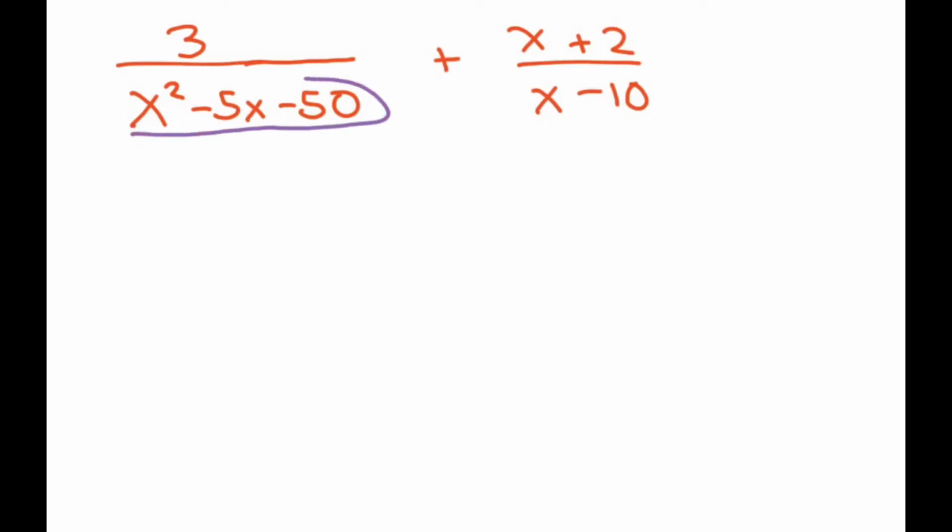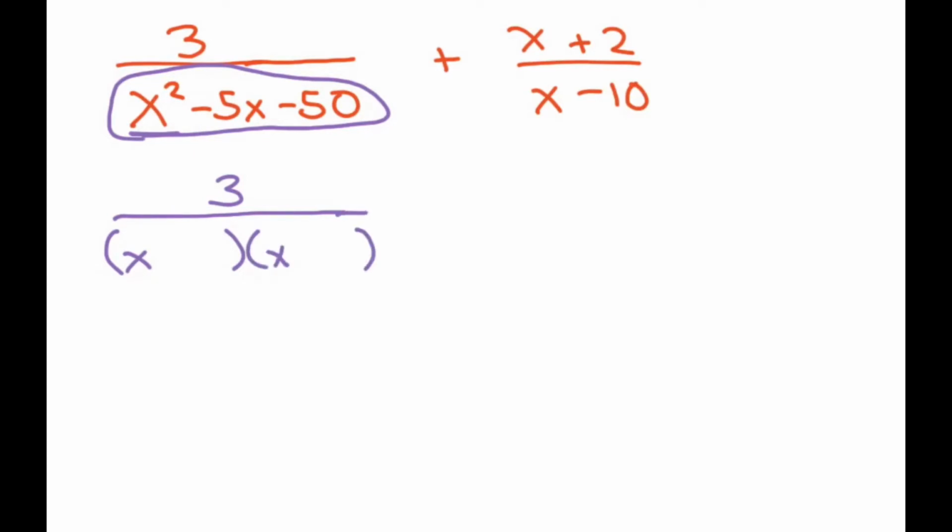I can factor this, so that's going to be 3 over, and we have the x, so that's going to be x, x. And sometimes with this, I look at this one to help me factor. I have a feeling this is going to be 10 and 5. So I'm going to write 10 and 5 because we want a 50 when we're multiplying.